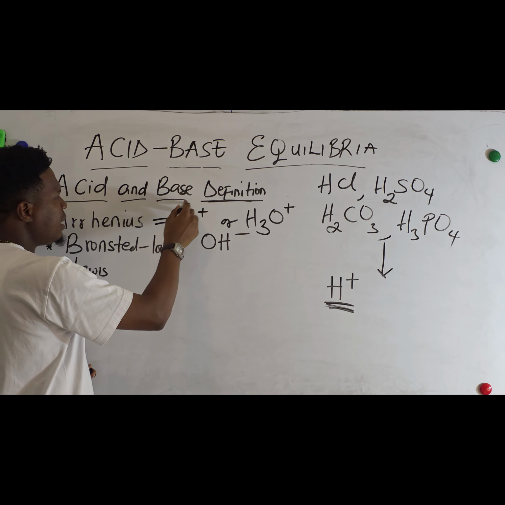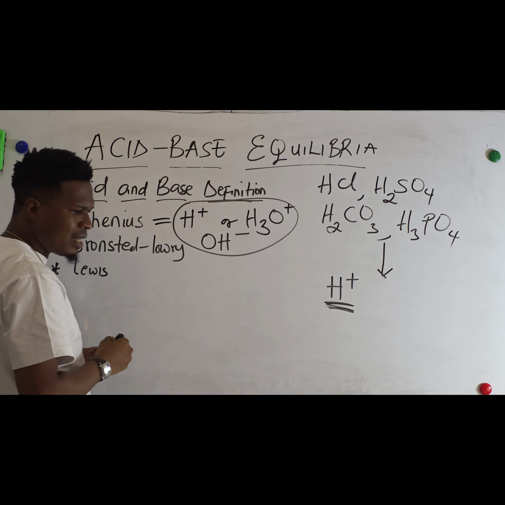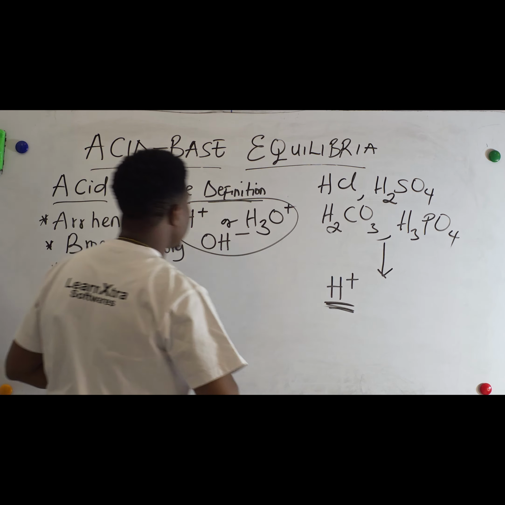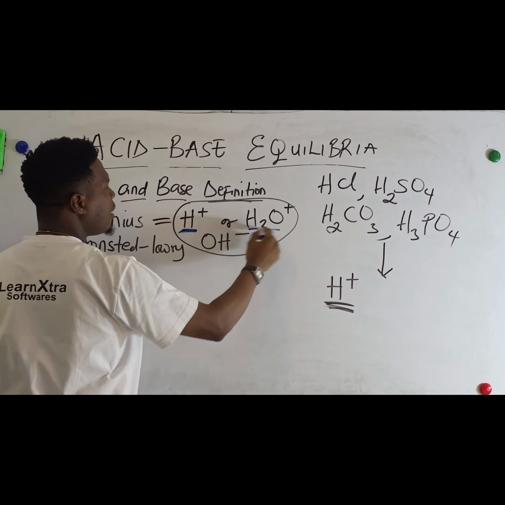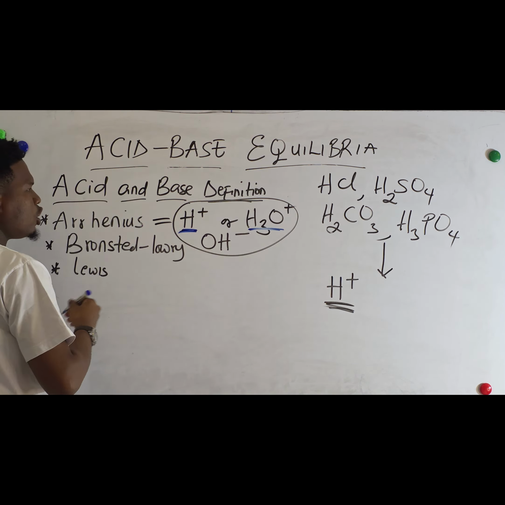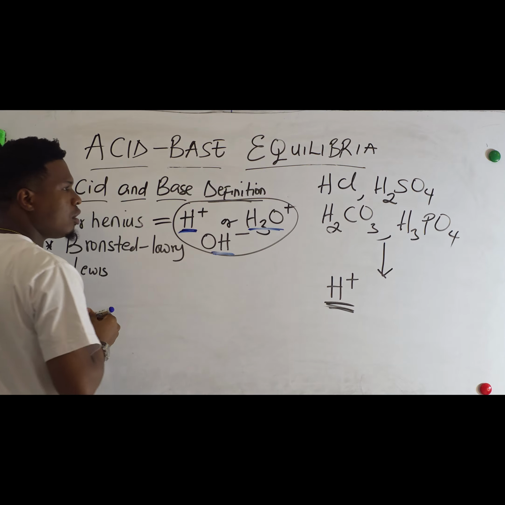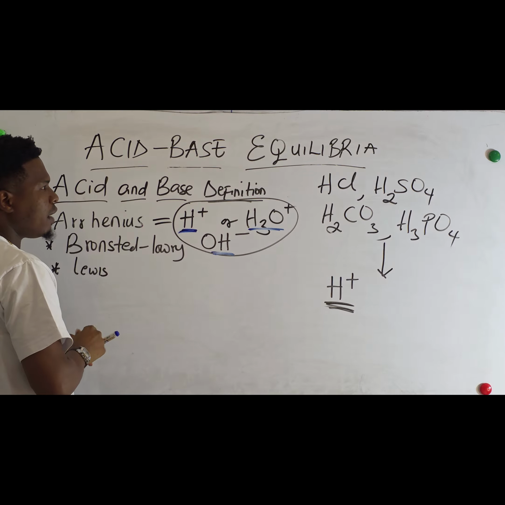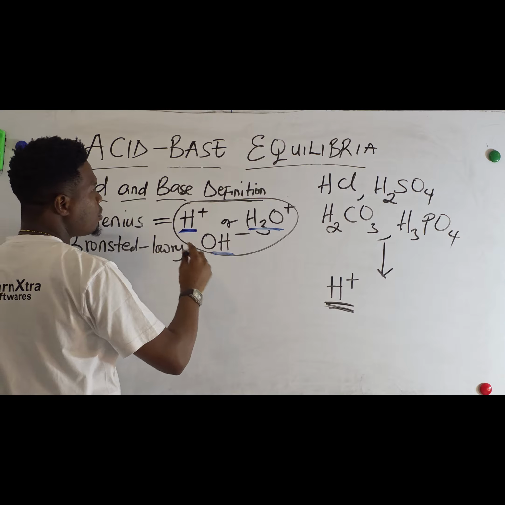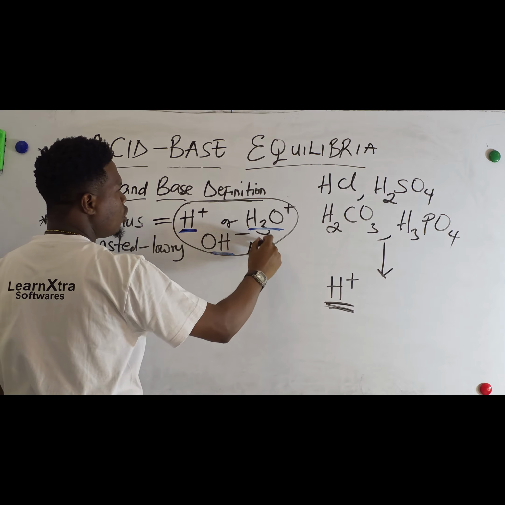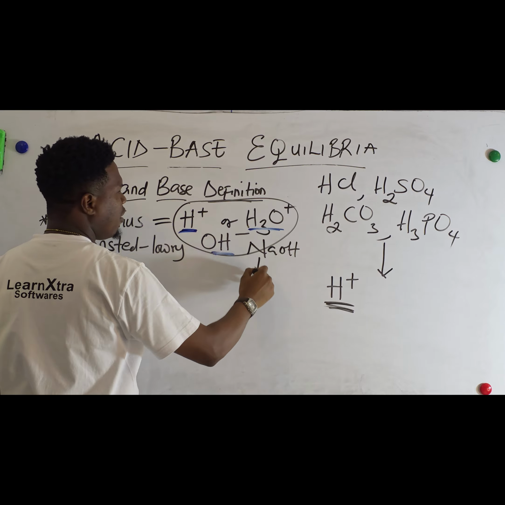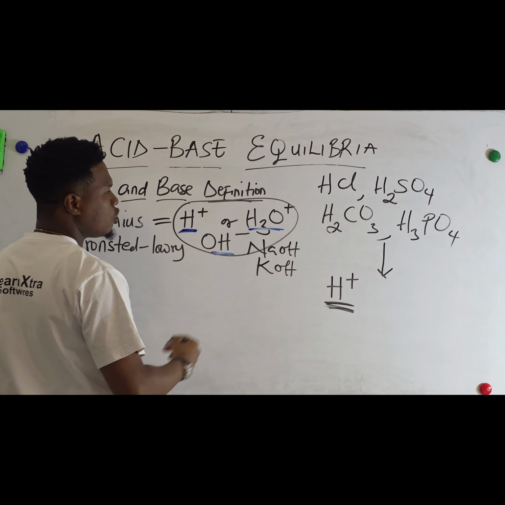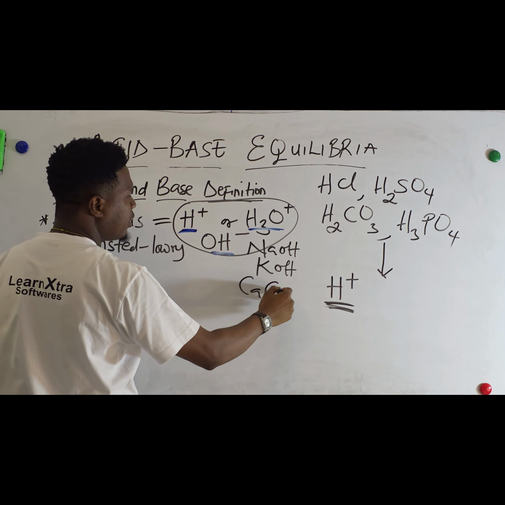So these Arrhenius acids liberate hydrogen ion, hydronium ion, but the Arrhenius base will liberate what? The hydroxide ion as the only negative ion. Examples of Arrhenius bases are sodium hydroxide, potassium hydroxide, and calcium hydroxide.